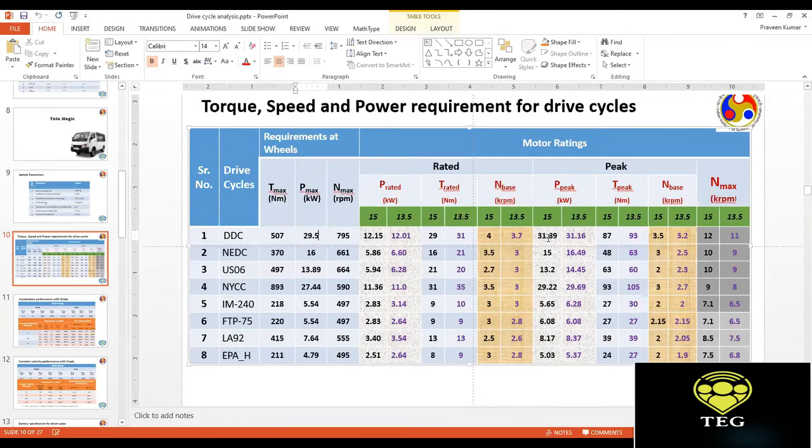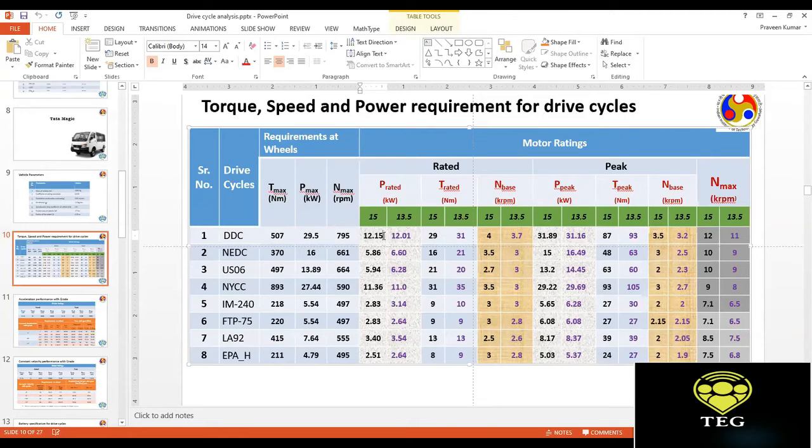Because of this overloading, the actual motor that we need will have a lower power rating. For this case, we are considering a liquid cooled machine. So for a liquid cooled motor, if we have a rated power of 12 kilowatt, we can overload it by a factor of 2.5, 2.7 very easily for short durations of time.